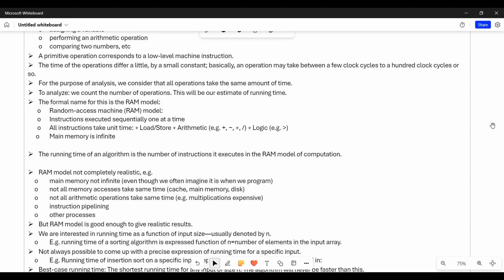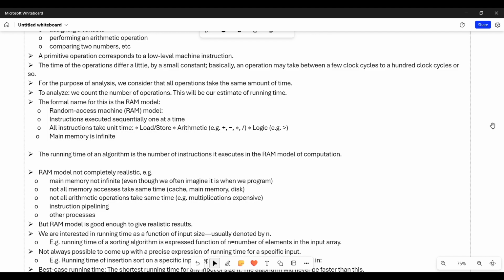The RAM model is not completely realistic. For example, the main memory is not infinite, not all memory accesses take the same time, and not all arithmetic operations take the same time. There are also instruction pipelining and other processes. So the RAM model just gives a tentative analysis of the algorithm and is not fully realistic.